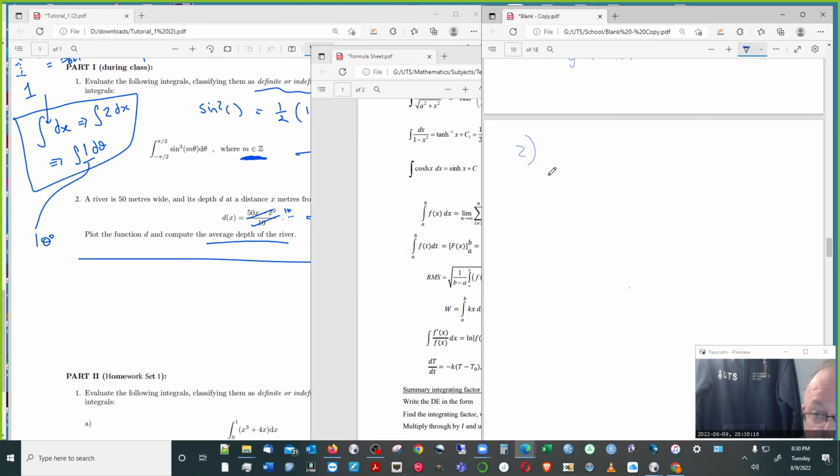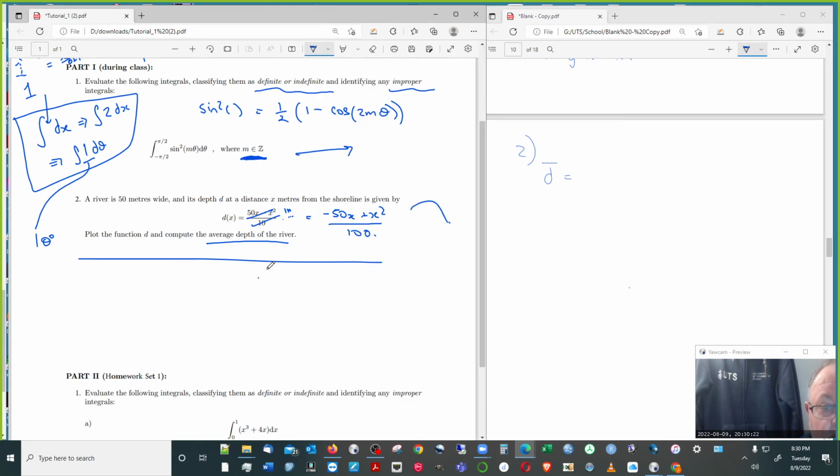So what we'll do is we'll do the average depth. So for this one here, we'll go 1 over the distance between the two, which is 50 and 0. And we'll integrate between 0 and 50 the depth function dx.